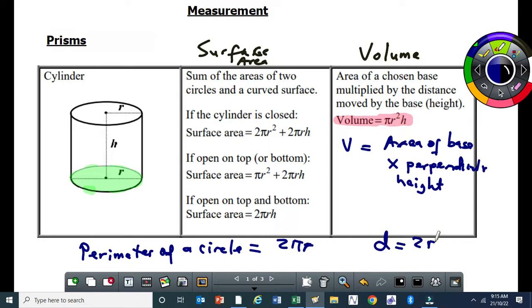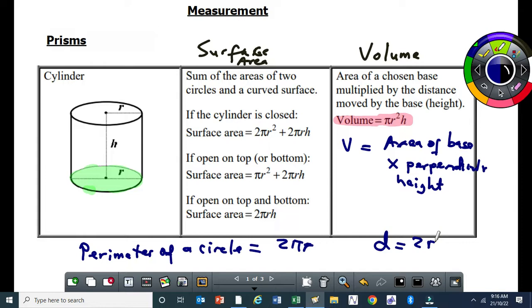So, this is the thing. If you want to calculate the surface area of a cylinder, remember it has got two circles, a bottom and a top that are both circles. Now if I unfold it like that, each circumference becomes a breadth, or a width.